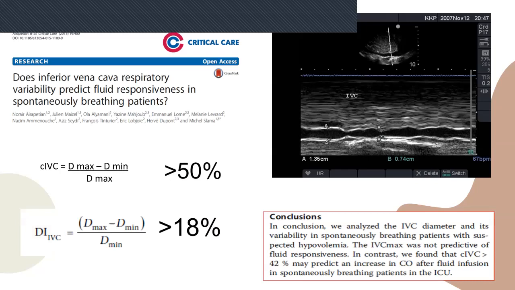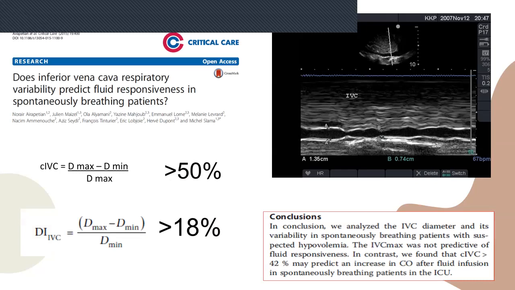So this is looking at your IVC. This is a study done. So for spontaneously breathing patients, we use the Collapsibility Index to see whether your IVC is plethoric or not.